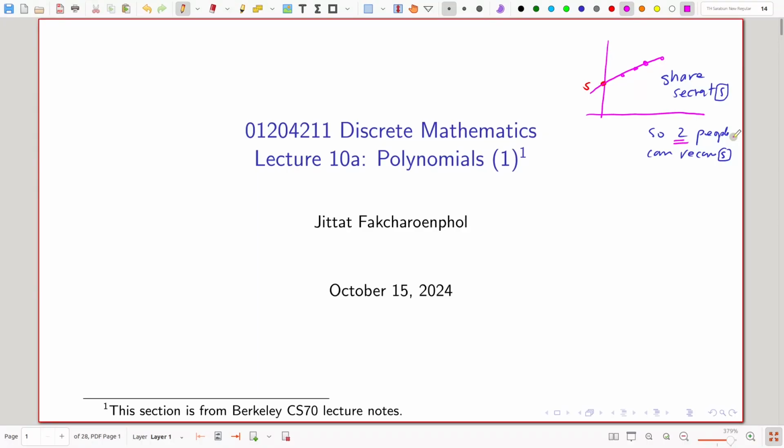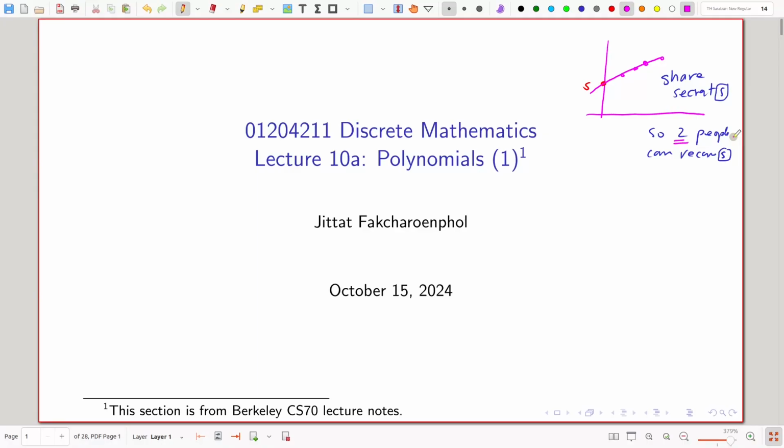Can you use a straight line? If you use a straight line, you only need 2 people. So you need a function that is more complex than a straight line. You need a function such that if you know 3 points on it, you can recover the function, but if you only know 2 points, you have no idea what the function is. So 3 points for 3 people.